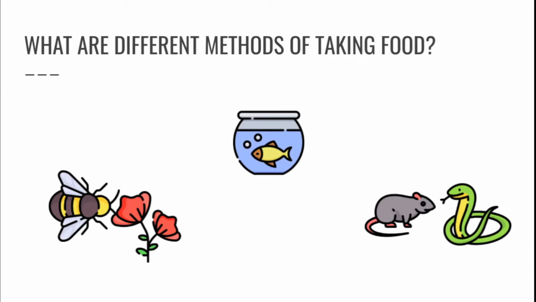So, different animals have different ways of taking food. Now, before we answer the last question, there is a small quiz for you. We'll be showing you some pictures of different organisms, and you have to guess what food they eat and what method they use to take in their food, right?